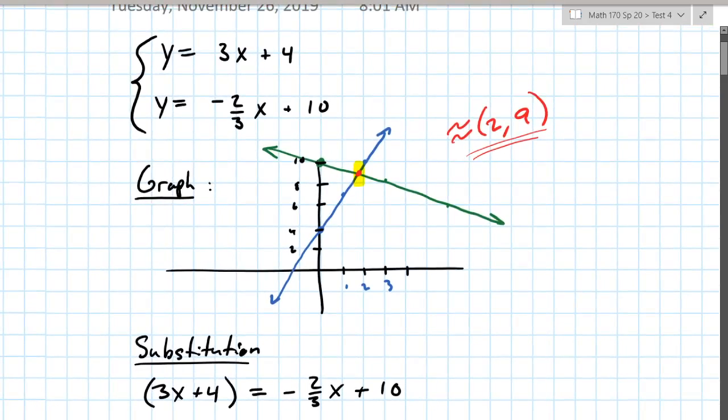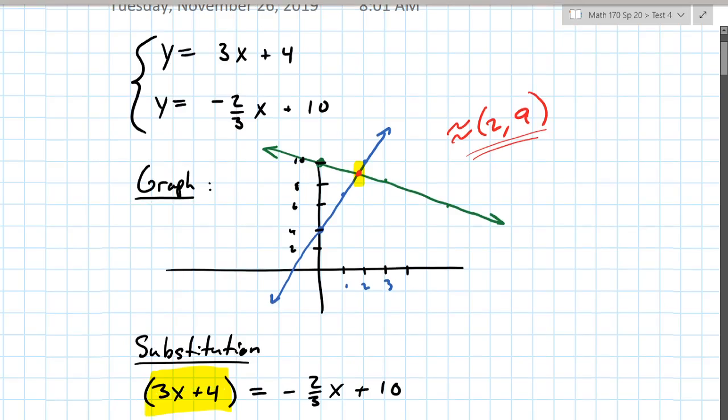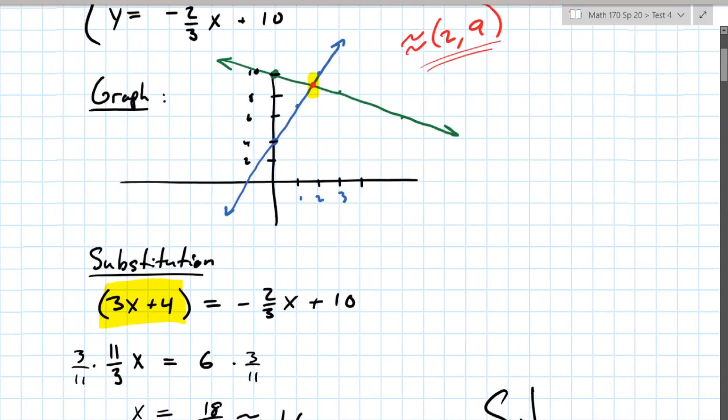Here we want to equate the two y equals equations to each other. That is, I'm substituting y equals 3x plus 4 in place of the y in our second equation. So this, all that, used to be y equals, but we're substituting in what y was equal to.